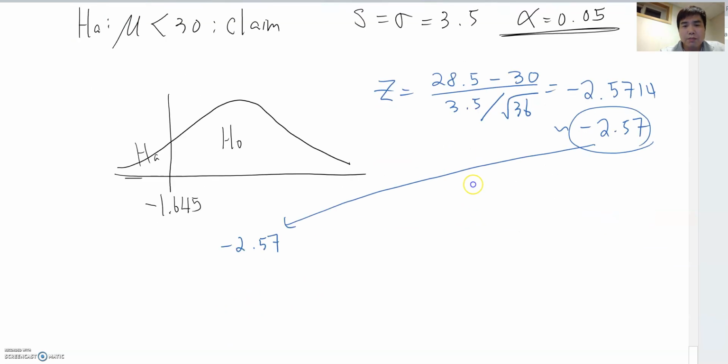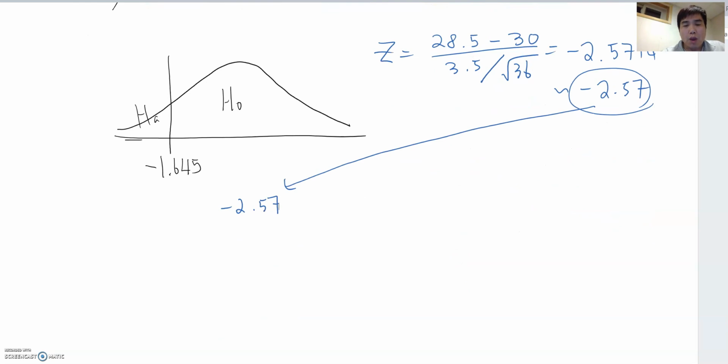Now please analyze where this value is located. Centering on negative 1.645, does this value belong to the HA region or the H0 region? Yes, because negative 2.57 is smaller than negative 1.645, this value belongs to HA.